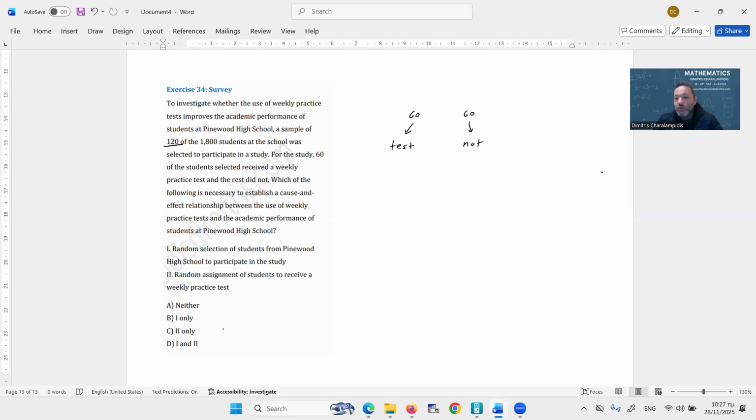And then out of these randomly selected students, we should randomly again decide who's going to take the test and who's not. So in this specific exercise, both answers seem right and both should be applied, which makes D the right choice for us to answer.